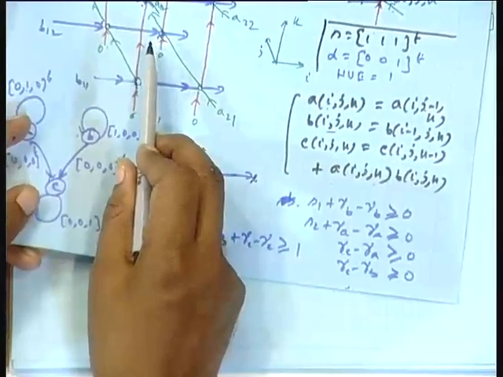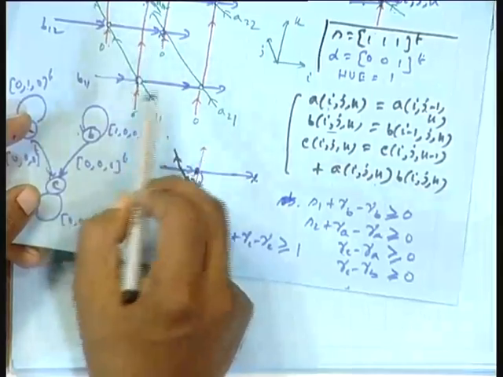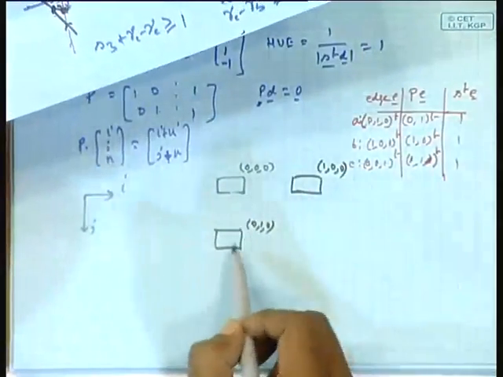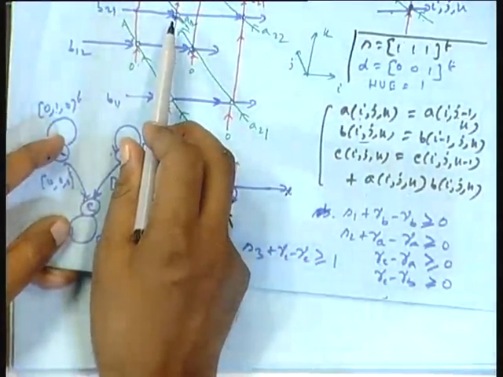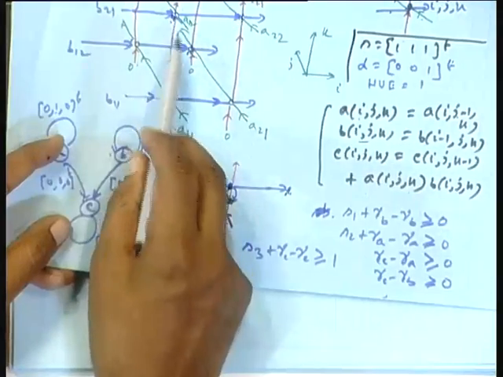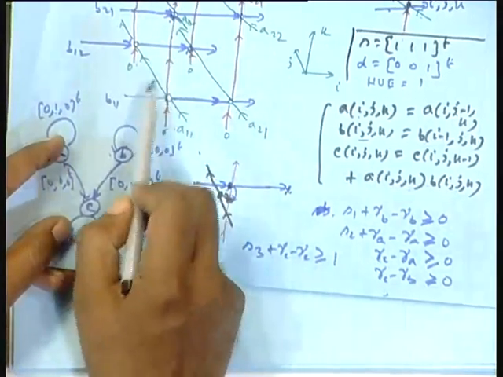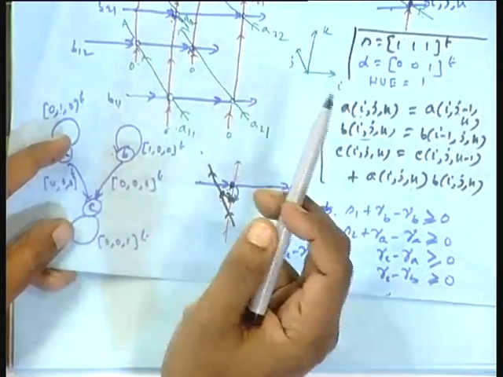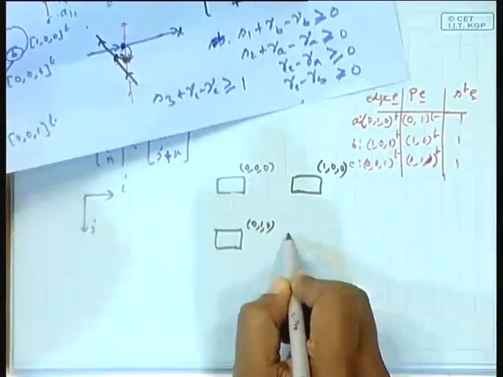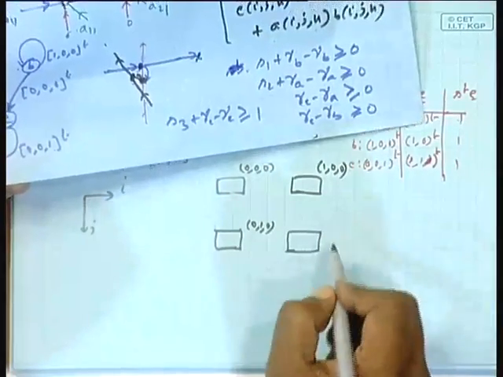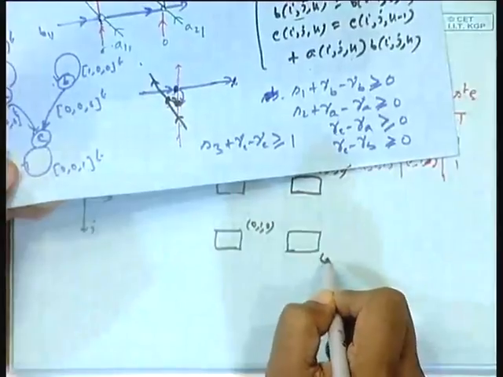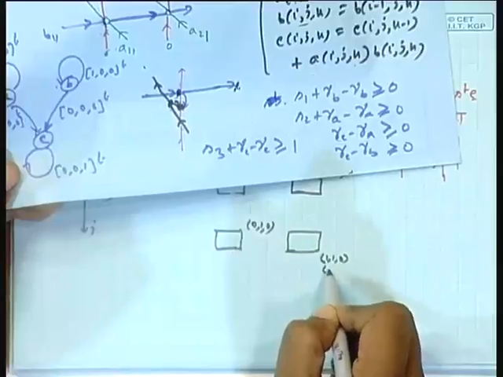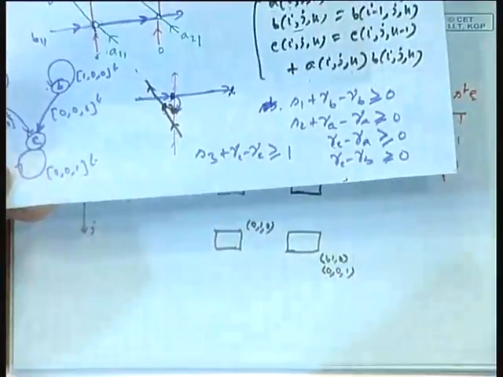This guy will be 0, 0, sorry, 1, 1, 0. That means 1, 1. Same is this fellow. As I told you, these two fellows map to the same processor. You can easily see its coordinate is 0, 0, 1. 0, 0, 1 also, 0 plus 1, 0 plus 1, so 1, 1. So here actually two fellows come. What are those two fellows? 1, 1, 0 and also 0, 0, 1. Okay.